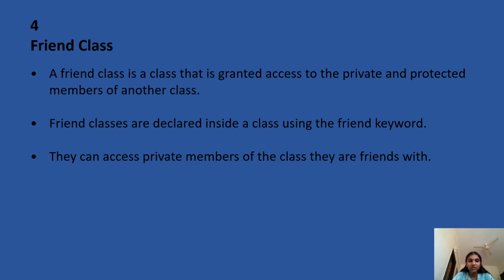For example, the linked list class may be allowed to access private members of the node class. Here, the friend class is declared in the base class Geeks, and the friend class, that is class GFG, which contains some statements, can access the base class, that is class Geeks.